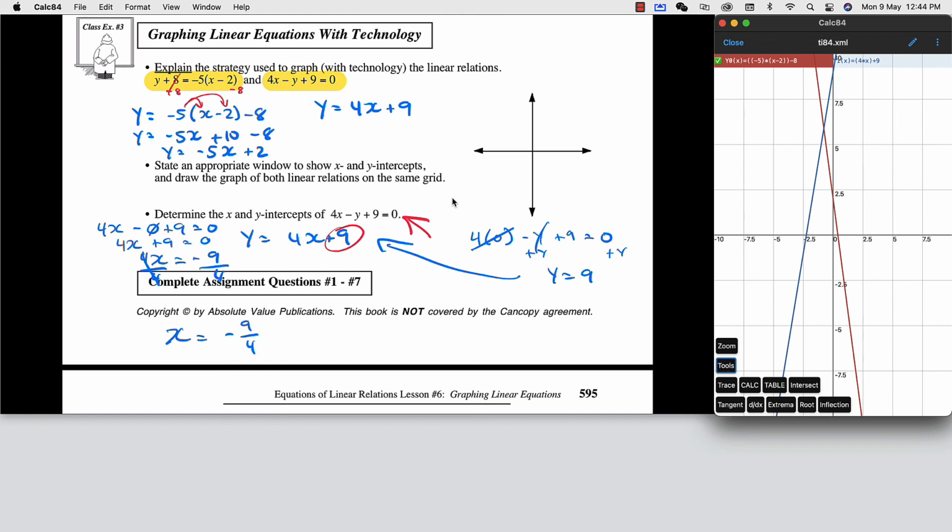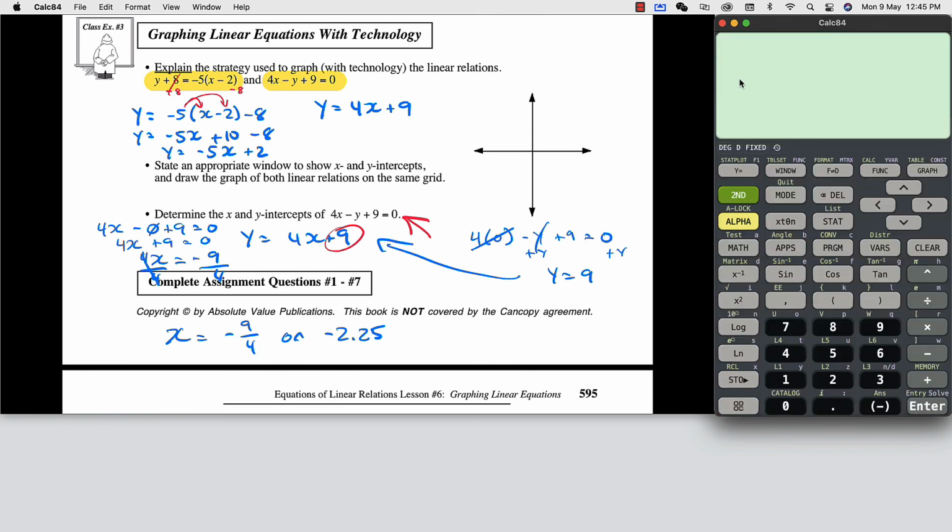If we put that in decimal form, it's going to be negative 2.25, I believe. Okay, so that's about where it looks like it's showing up there.